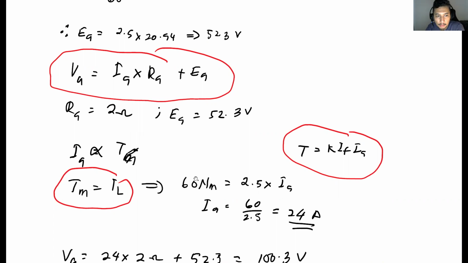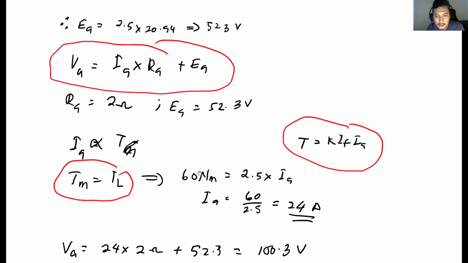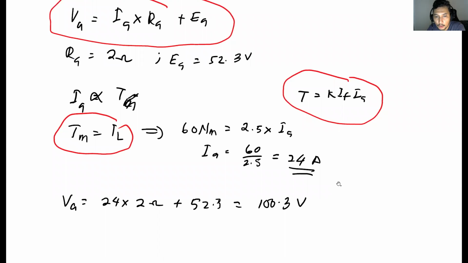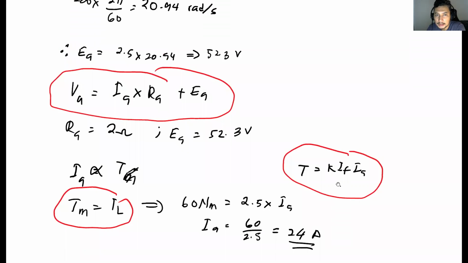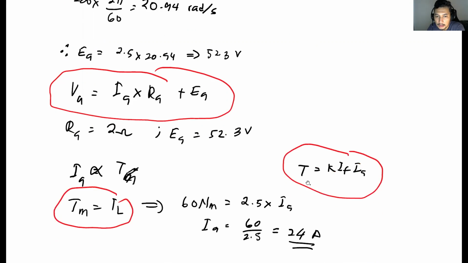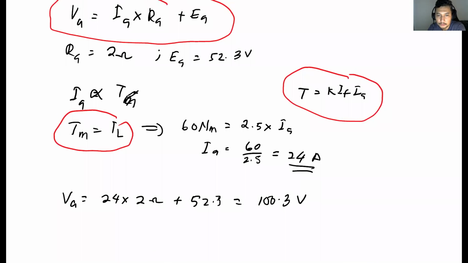And we know the torque relationship with IA is like this: the motor torque is equal to KIF IA, and KIF is 2.5. From that we can obtain IA of around 24 ampere, positive 24, meaning that the current is going from the supply to the motor, so it is absorbing power from the circuit.